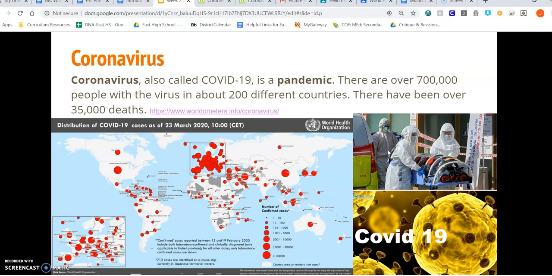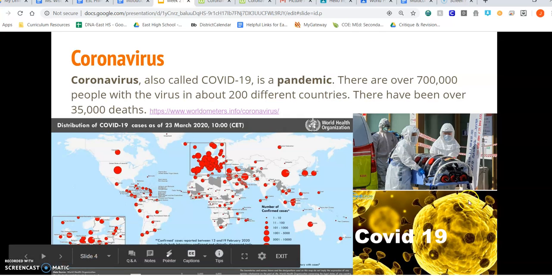It is in 6 different continents. And as you can see, we have many healthcare professionals working to help those people with the virus. And this is what the virus looks like on a microscopic level, meaning what it looks like in the cell, what it looks like in the body.